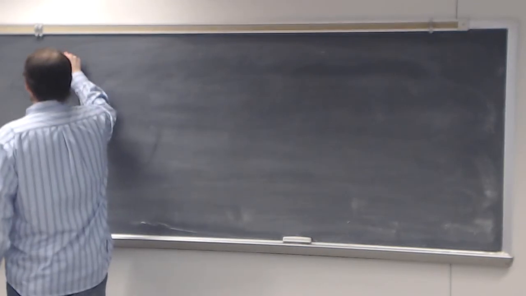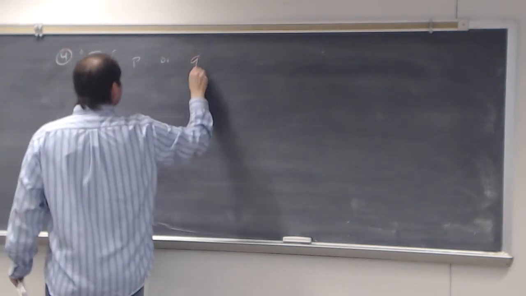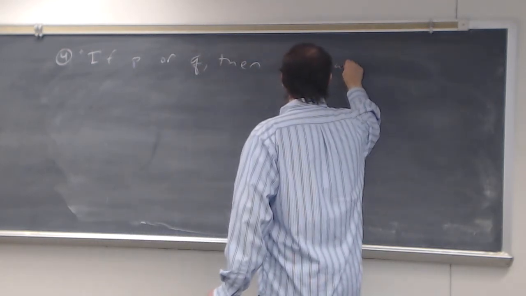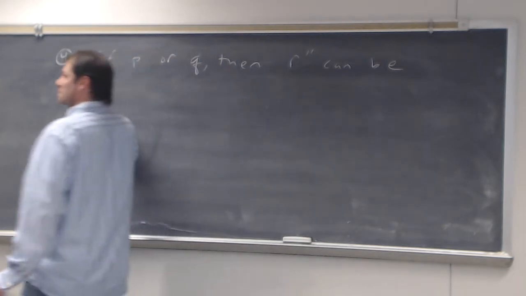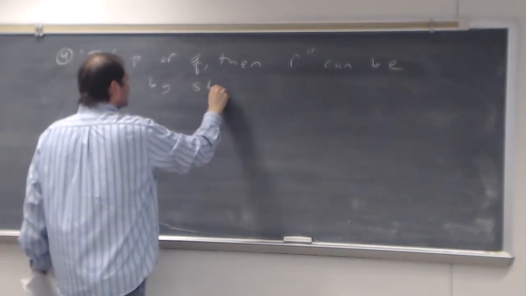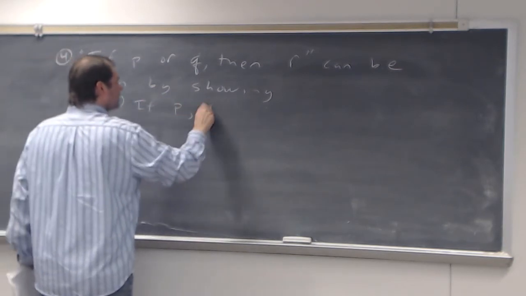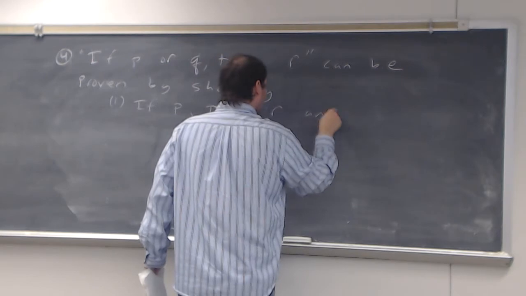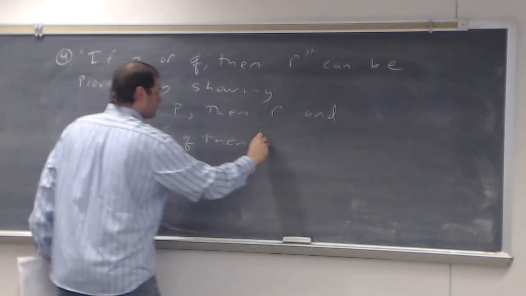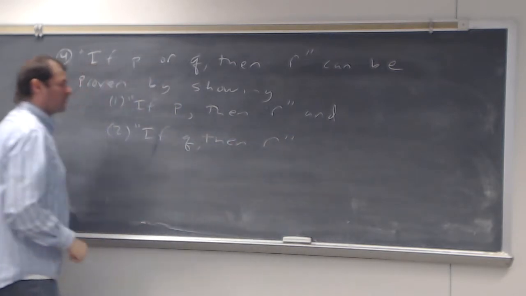Okay. Another statement we'd like to be able to prove is if P or Q, then R, can be proven by showing, one, if P, then R, and we also have to show if Q, then R. So we're going to prove both of these statements.